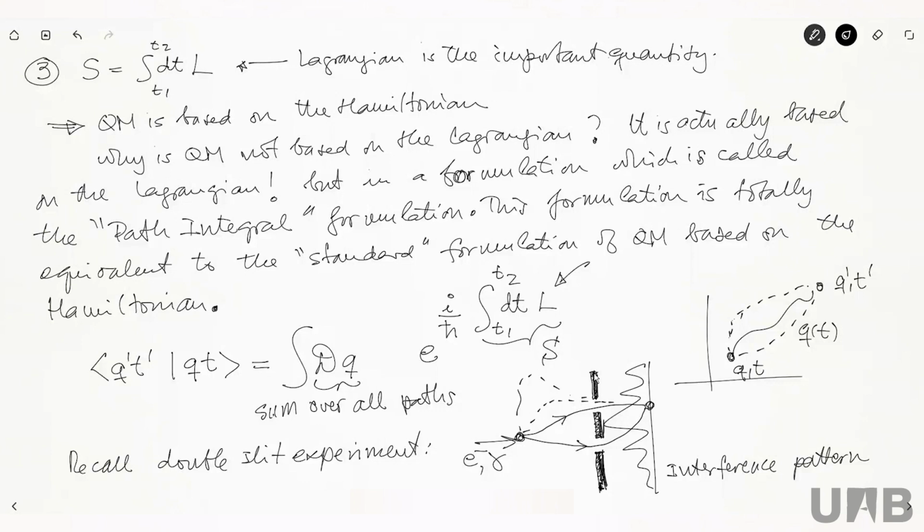Okay. So let's try to understand this thing. What you said is right, but let's try to not only remember it, but also understand it. Why is the size of the action relative to h bar the thing which is important to decide whether we are in a quantum mechanics situation or a classical mechanics situation?